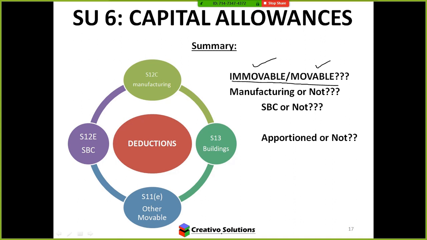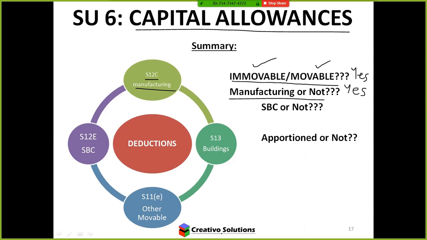Perfect, good. When looking at a capital allowance, do we need to distinguish between the two? Yes, we do. Second thing, with capital allowances, do we need to know if it's part of manufacturing or not? Is that important? Yes, it is important. Why? Because different sections apply. Correct.